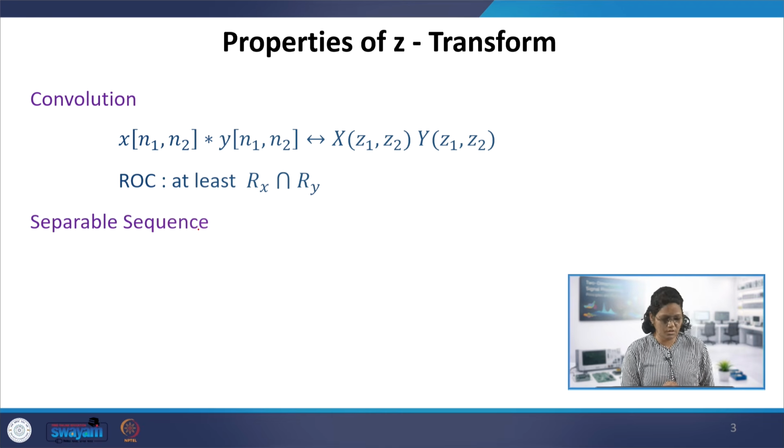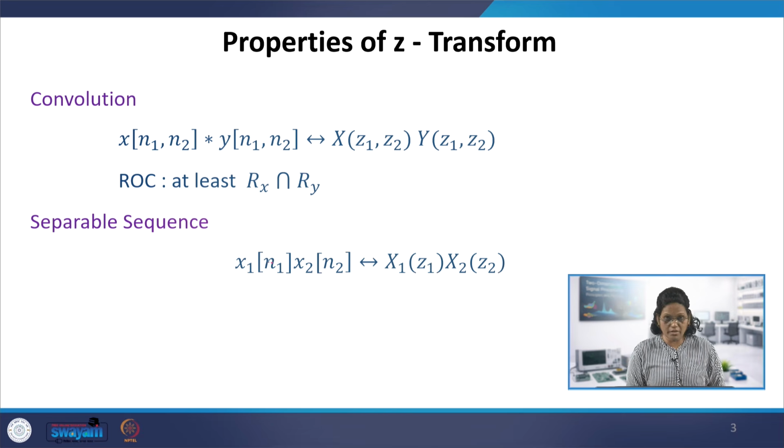Now the separable sequence property of the Z transform. If the sequence is separable, that makes the two-dimensional signal processing analysis easy. So what should be the Z transform of a separable sequence? If a sequence x of n1 comma n2 is separable into x1 of n1 and x2 of n2, that is, if you can write the two-dimensional signal in terms of two 1D signals, then its Z transform is also a product.